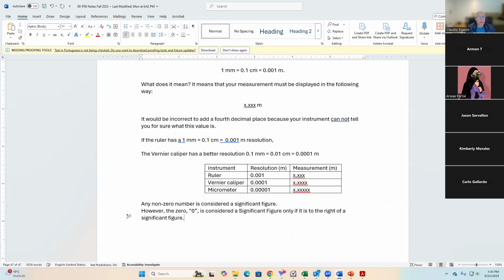That's the rule that we use. Zeros to the left of the leftmost non-zero number are not considered significant.